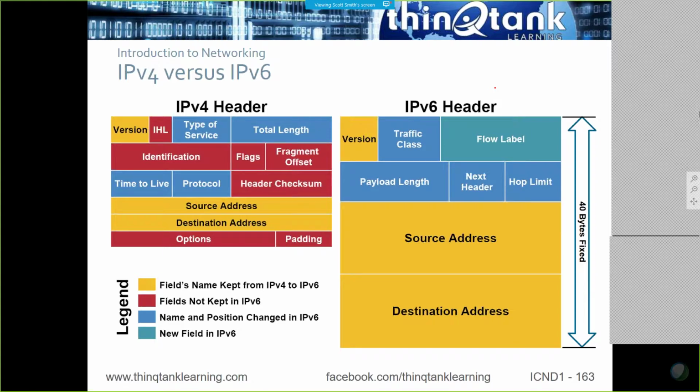Okay? So by spending a lot of time talking about each of the individual components of the v4 header, you have a pretty good understanding of what the v6 header does. The only new field that we have in v6 is something called the flow label field.